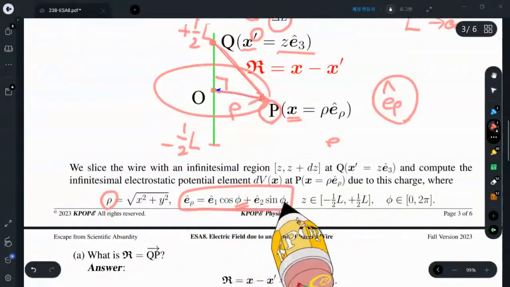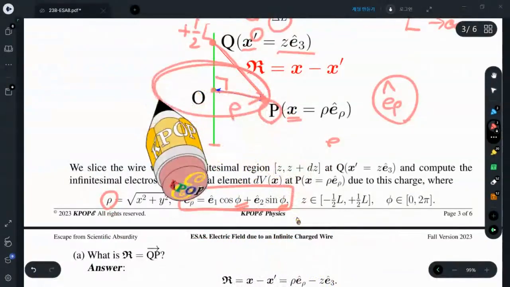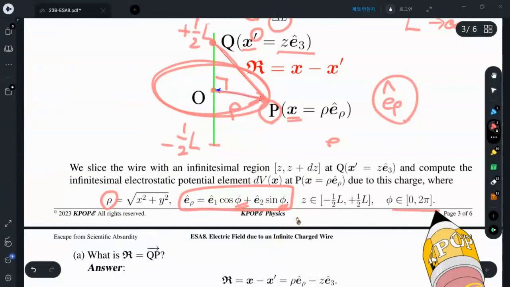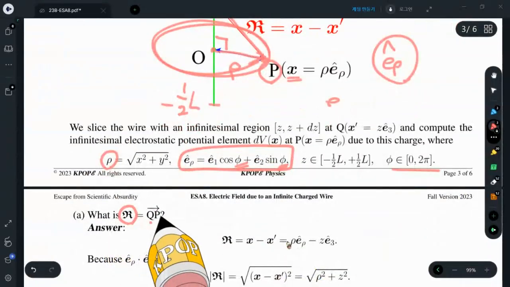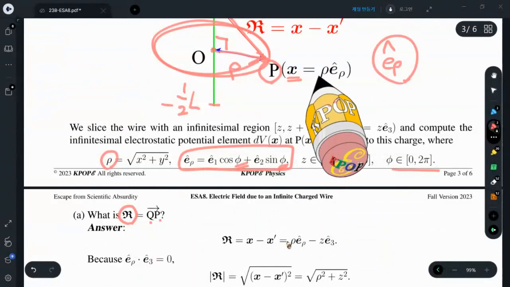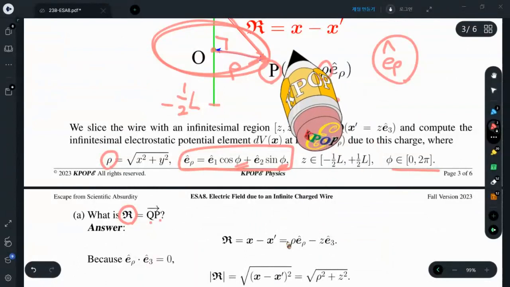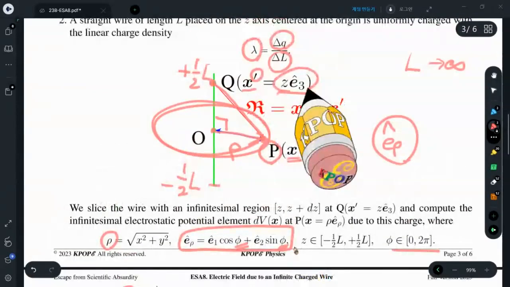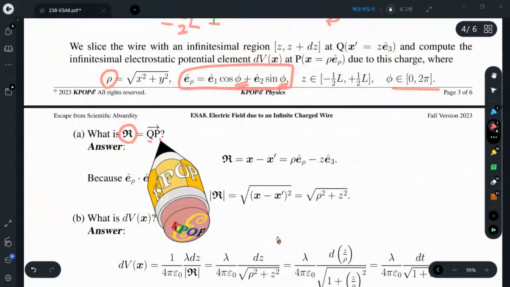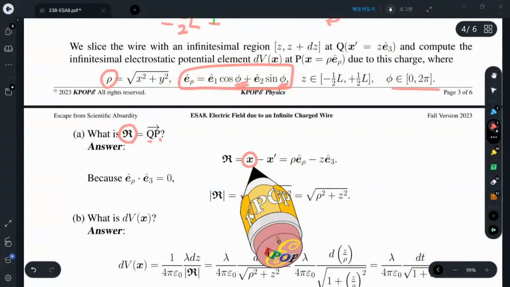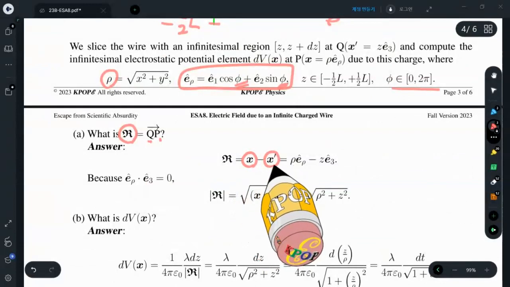Sure, the azimuthal angle runs from 0 to 2 pi. What is the vector from the source to the field? This is the field point. The source is here. So source to field point means the field point subtracted by the source.